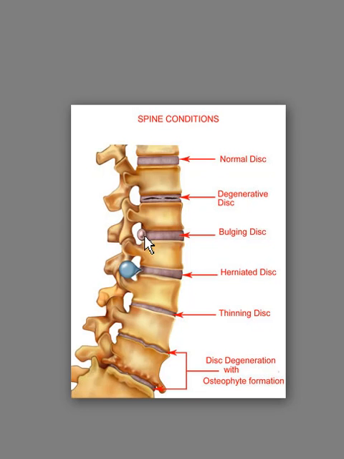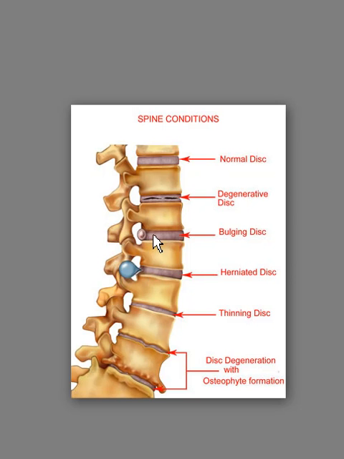A bulging disc, and what they call a herniated disc. If you remember, that's where that jelly donut inside, the nucleus pulposus, actually breaks through this outer ring, this annulus fibrosus, this cartilaginous structure that holds that jelly in. So in a herniated or ruptured disc, you get this blowout.